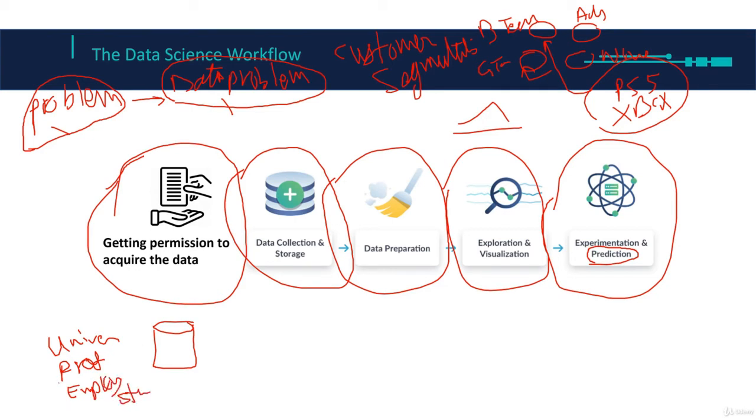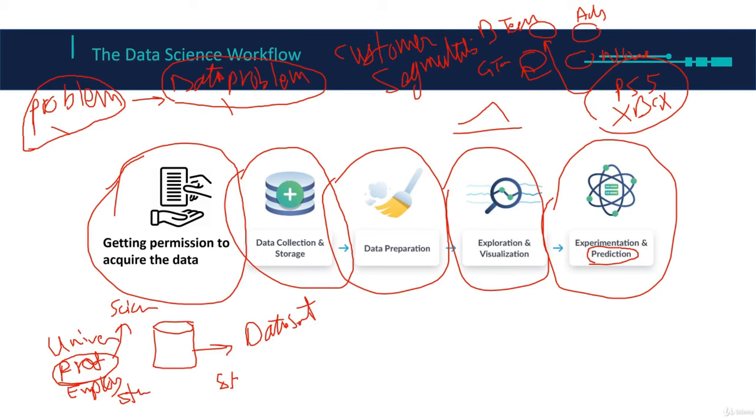Let's say I want only the professors who work in the science faculty. So this is a data set. A data set is like a subset of a database. If I want only the students, then that will be the student data set, which is a subset from the big, large database, and so on.